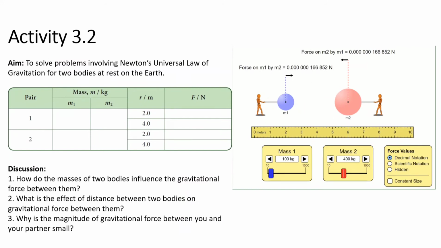This is an interesting activity that we can do in the lab. But now we use PhET simulation to carry out the activity. So now I am setting the first mass to be 60, and the second mass, let's see, this student has a mass of about 70 kg.